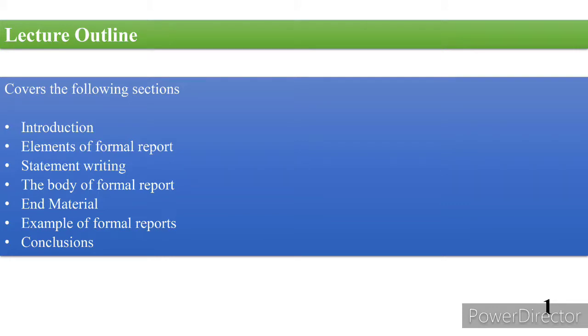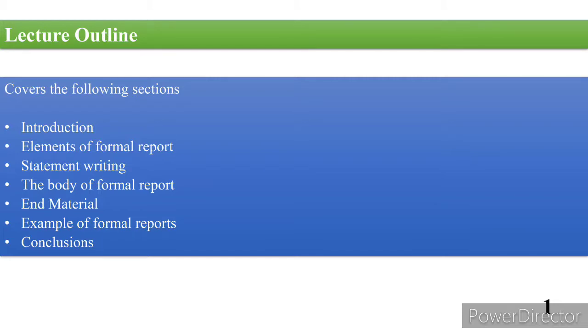These are all the elements of the formal reports, and how you can write these specific points or specific headings to make your formal report easy to read for the audience.